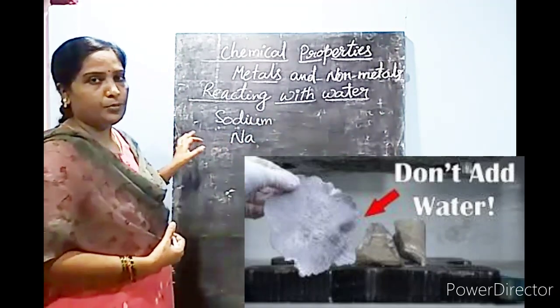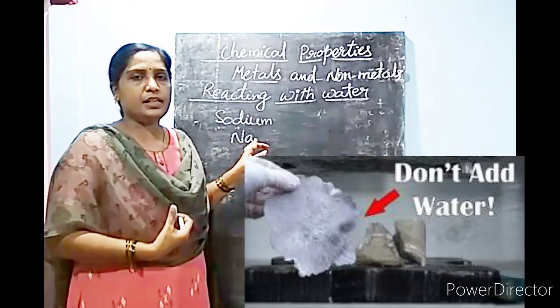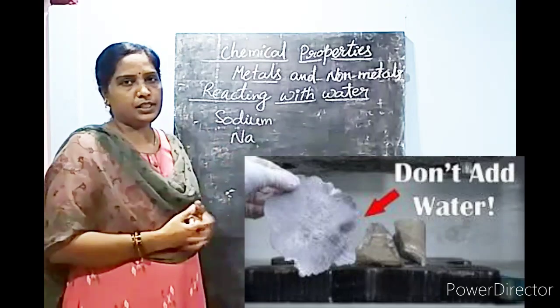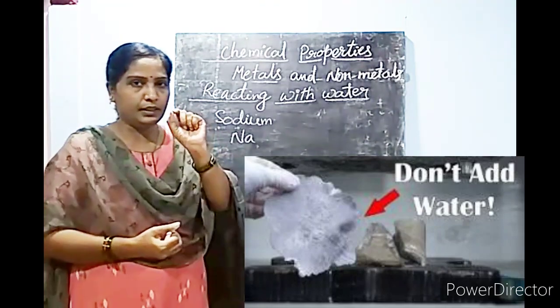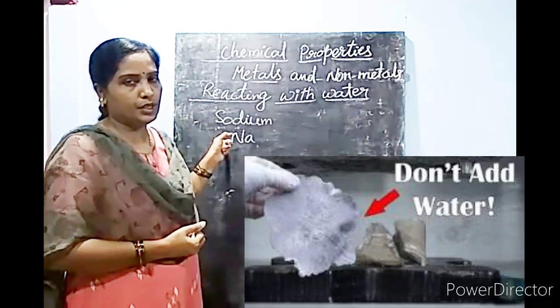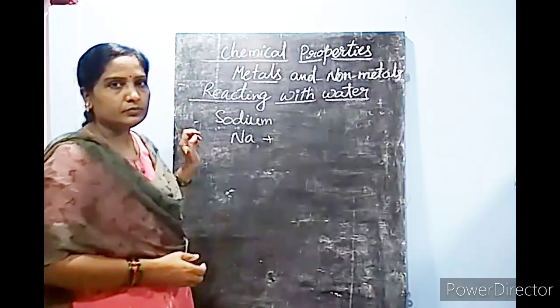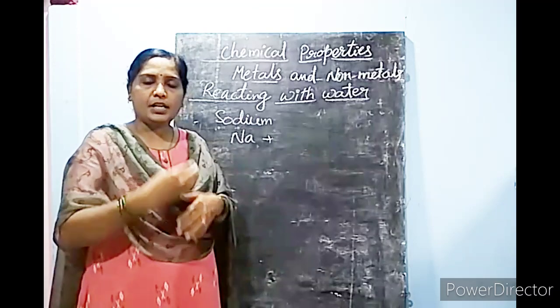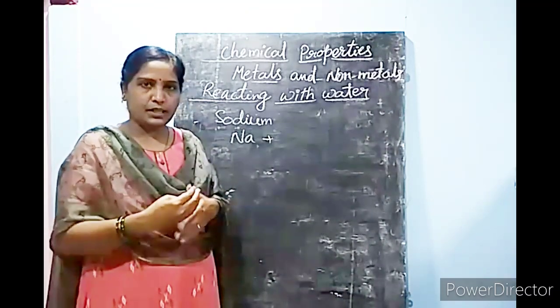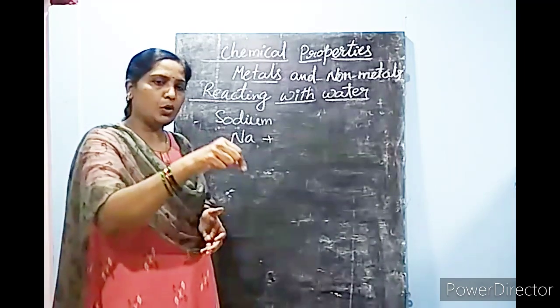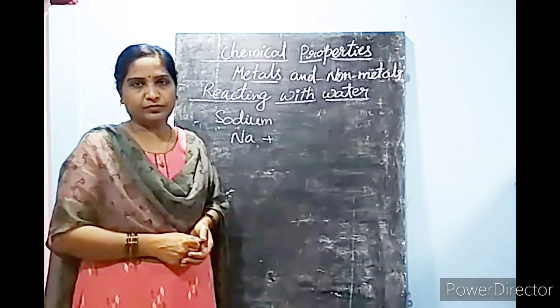Sodium is a highly reactive metal, so it reacts vigorously. That's why it is stored inside kerosene. So you take a small pellet of sodium and place it on a watch glass. You wrap this in cotton and dip this cotton ball inside the water.